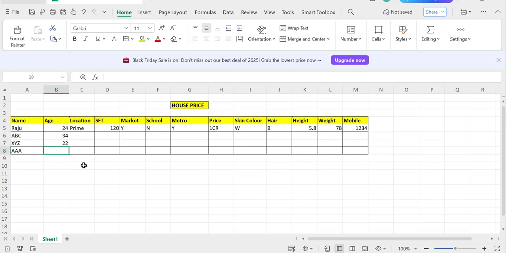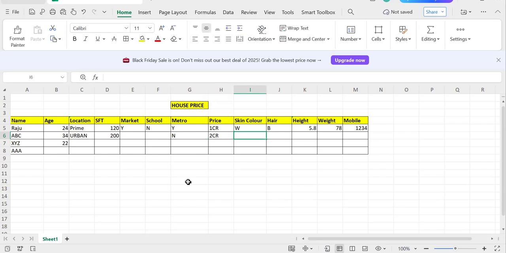This customer's age we don't know, and the location is an urban area. So this house location is urban area. Next, the square feet is 200 square feet, and for market near, no information given. For school near, no information is given. Metro is near, the answer is no. The price of this house is 2 cr.